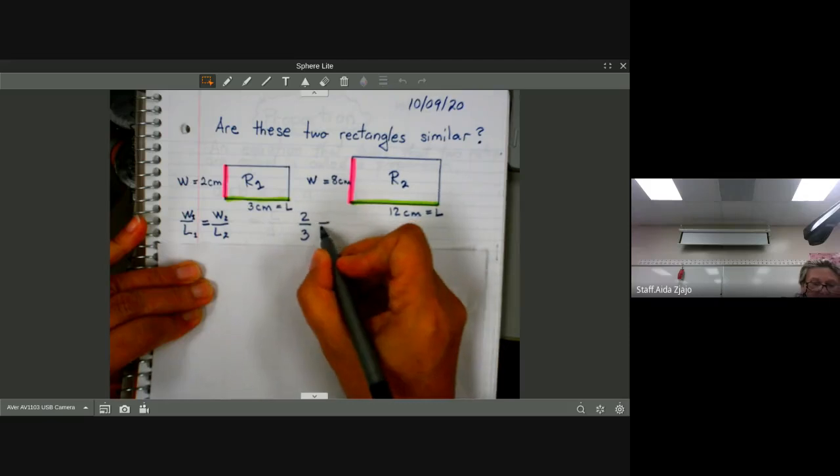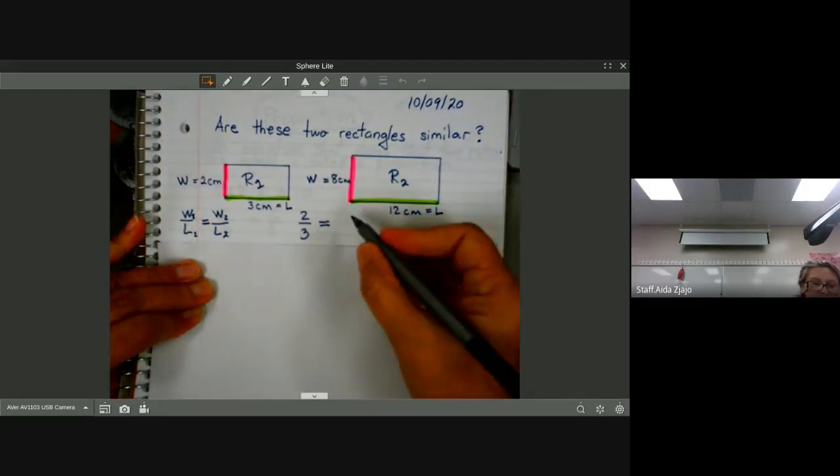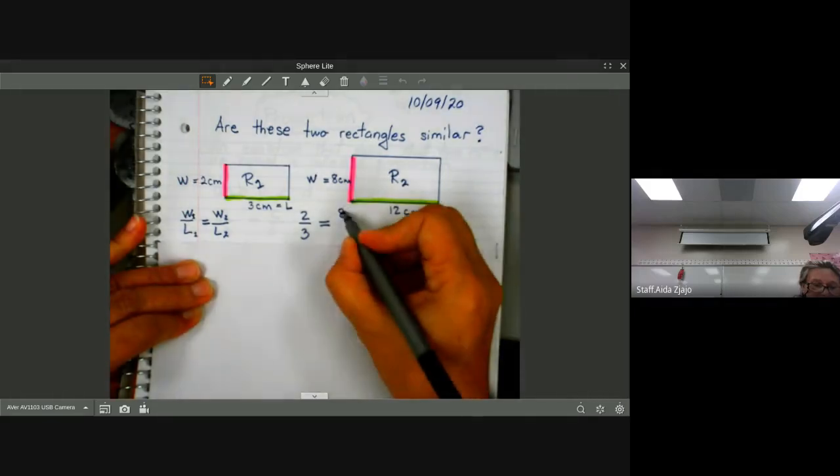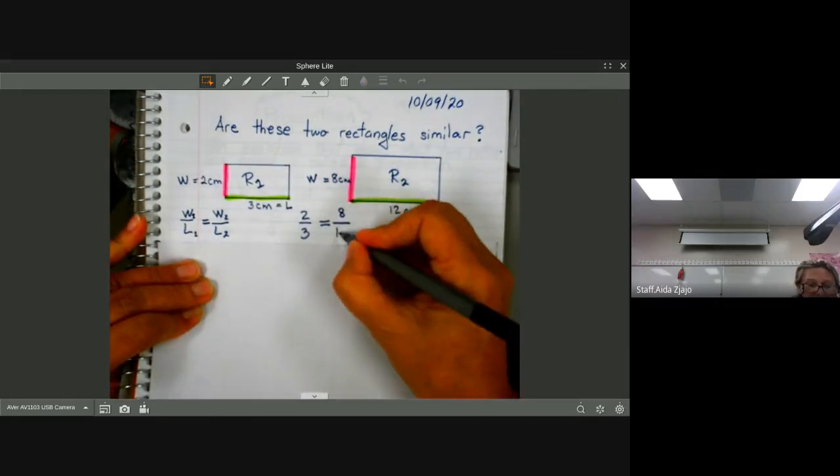It must be similar to the width, which is 8, and the length, which is 12.